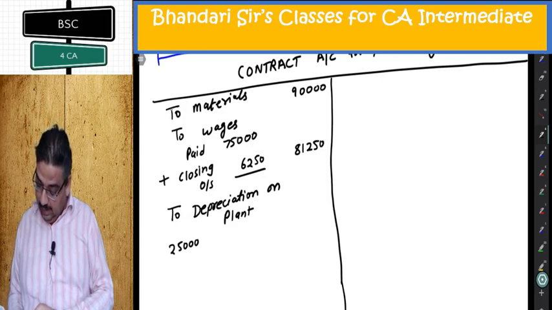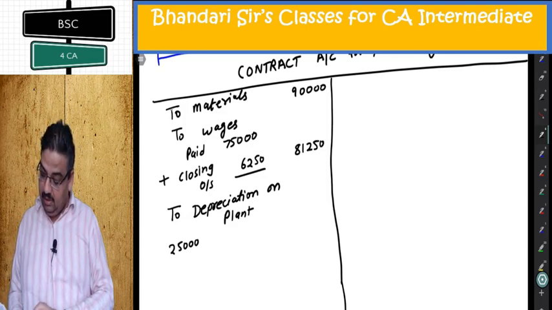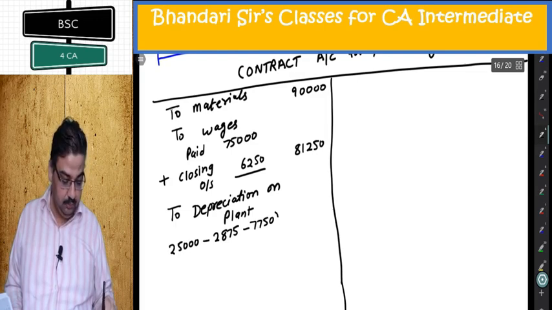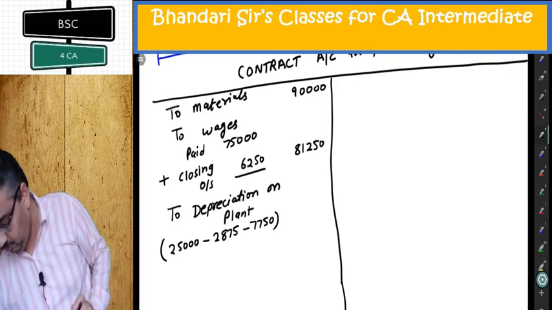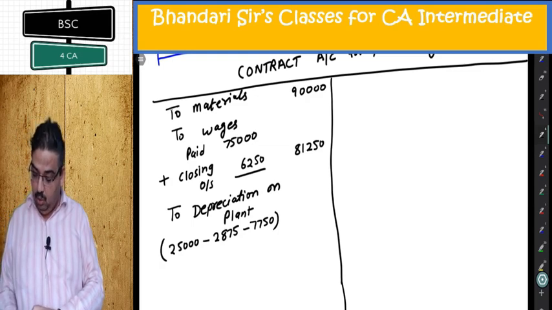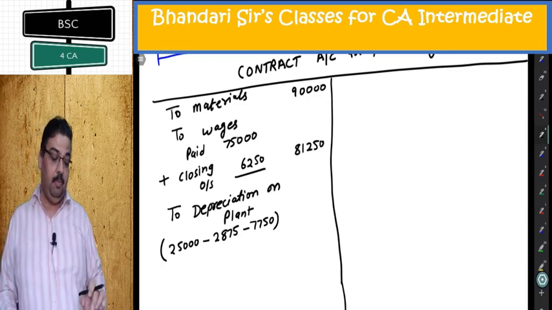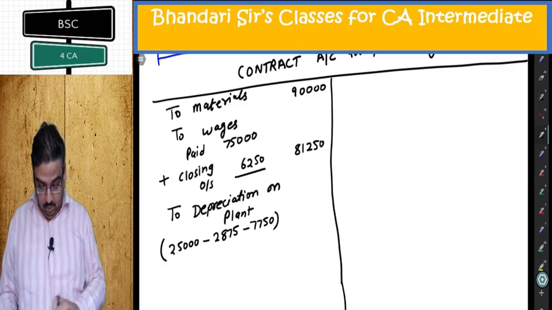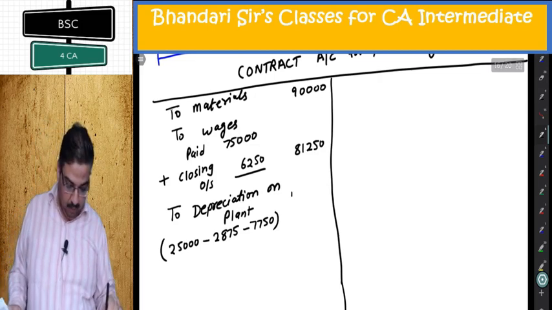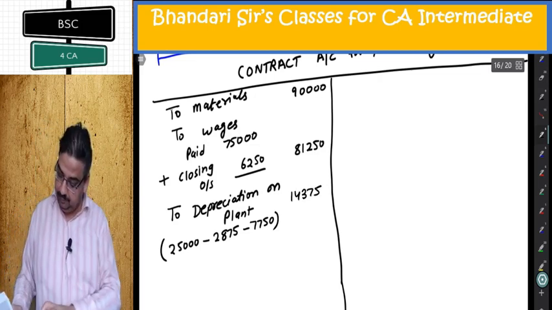The value of plant at site in the end was given 7750. Now, out of this, 2875 was sold and closing is 7750. Balance is depreciation. We are not having any profit or loss on sale of plant, so that will be ignored for this purpose. I assume cost of plant sold is also 2875. 25,000 minus 2875 minus 7750. I'm getting 14375 depreciation.